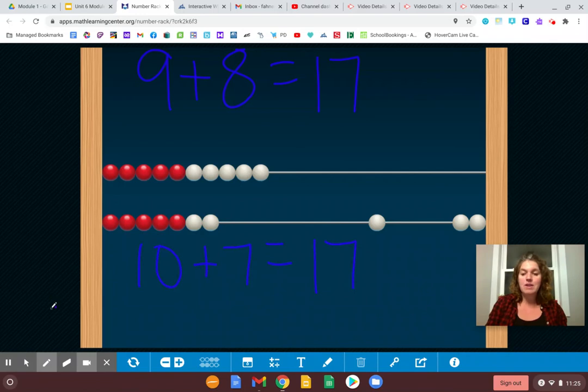But both of them will give you the same answer because you're still using the same amount of beads. Kind of like when we would do our let's make 5, and we could do 2 plus 3 or 1 plus 4. We could do different numbers that still made the answer of 5. We just picked different ones. This still gives us the answer of 17. We just made it easier for our brain to do it by moving one from the bottom to the top.